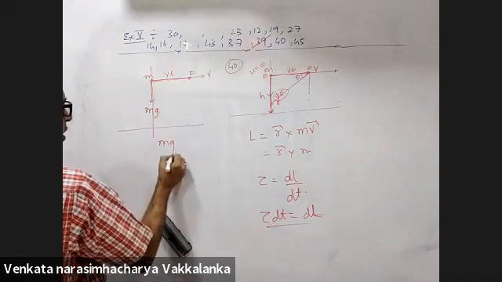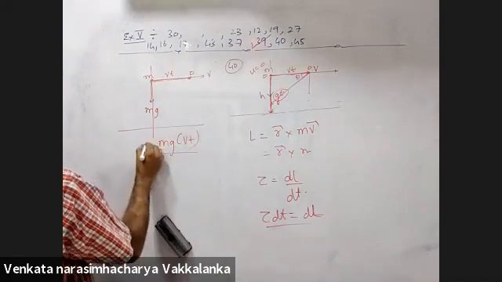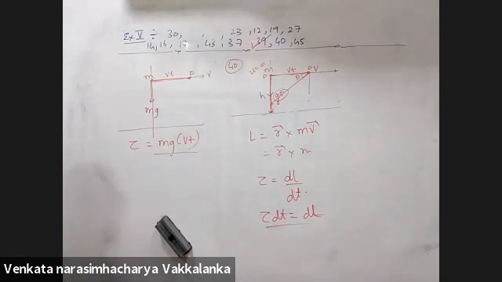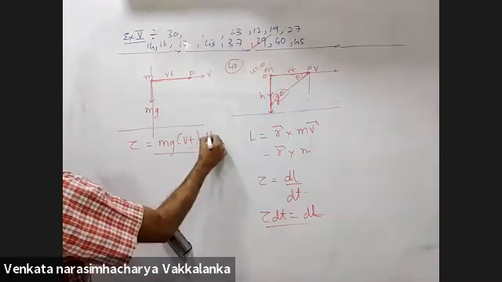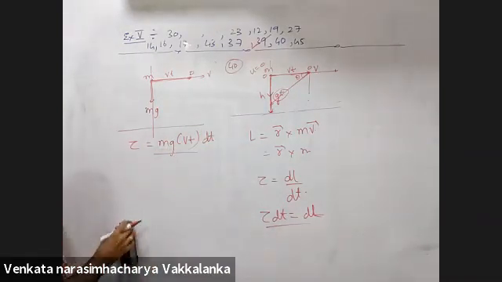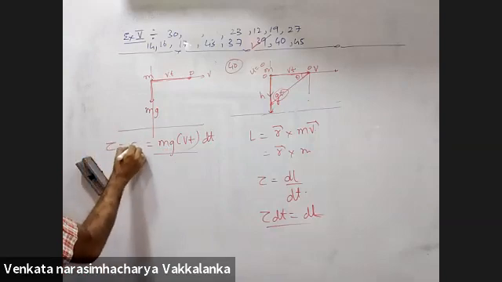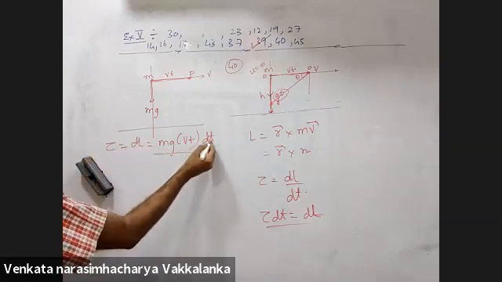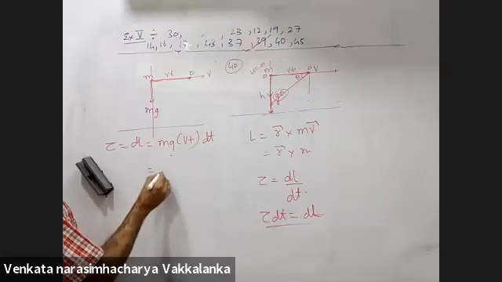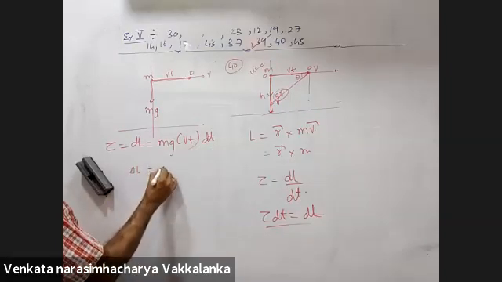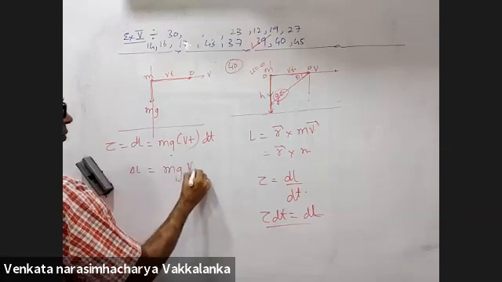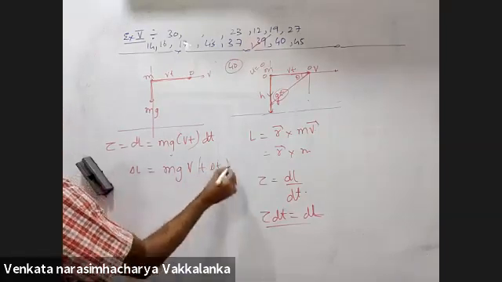Vt. mg into vt. This into dt. Torque is dL by dt, right? You take dt to the right. Delta L equals mg vt delta t.